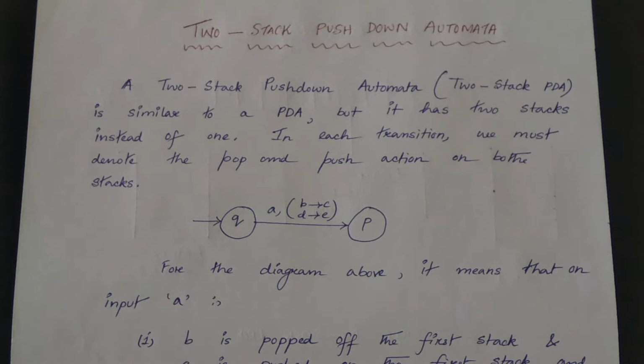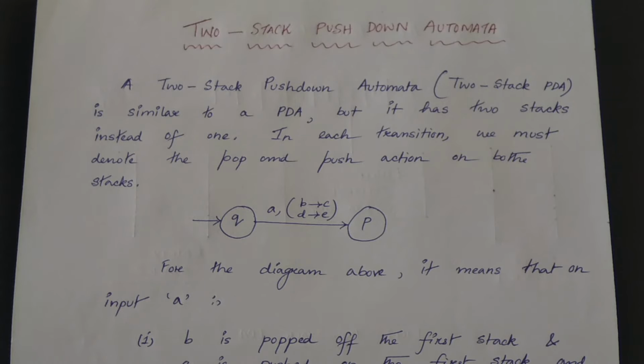So basically this two-stack pushdown automata is similar to the pushdown automata only, but here the only difference is that we will be using two stacks in place of the single stack that we have used in pushdown automata. And one more difference we will check while describing the formal description.